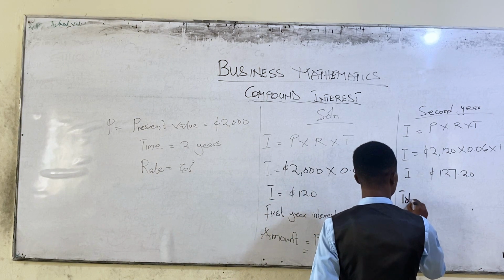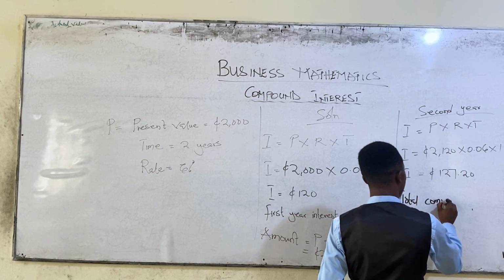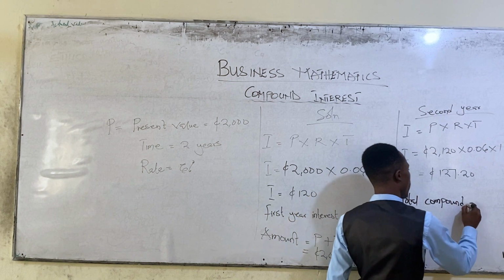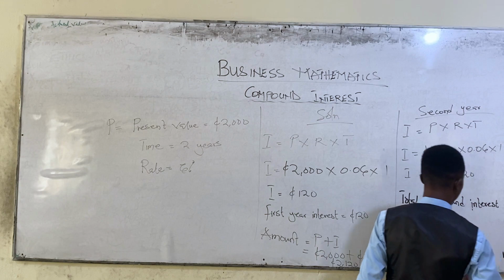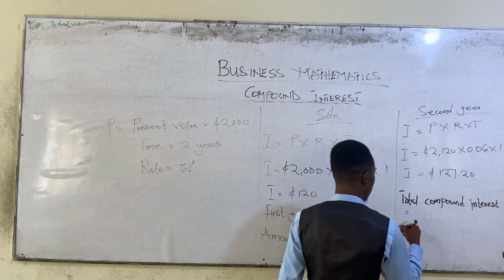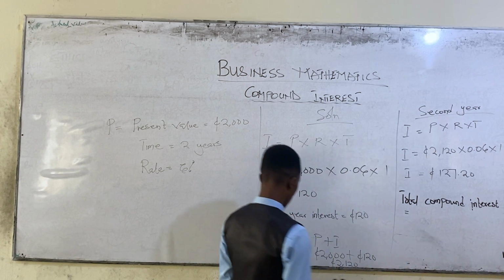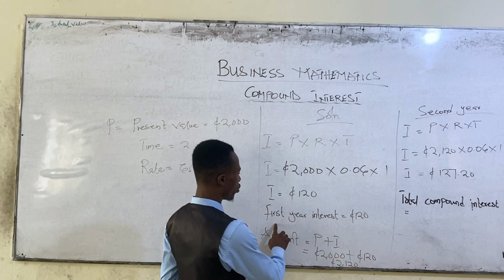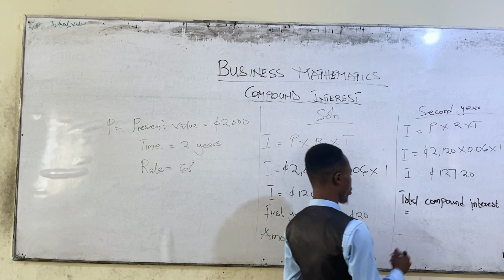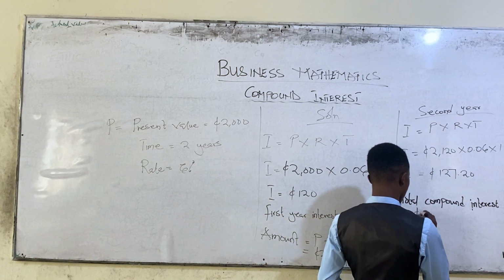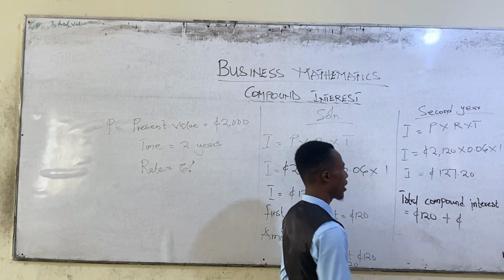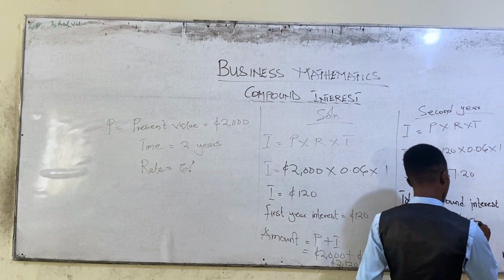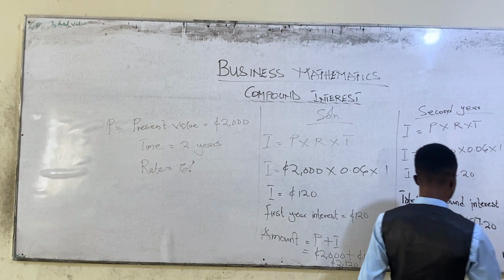So we say total compound interest is equal to interest for the first year, which is 120, plus the interest for the second year, which is 127.20.